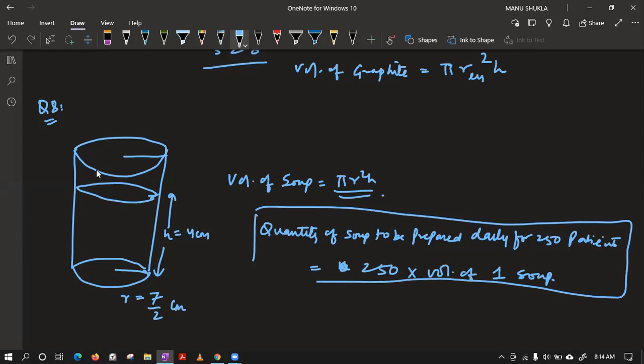I think this doesn't require solving right now. You can solve it easily. Yes, class? I hope many of you have tried this question, and I think this is an easy one, not a tough one. Okay. Now let us move to the next topic, volume of a right circular cone.